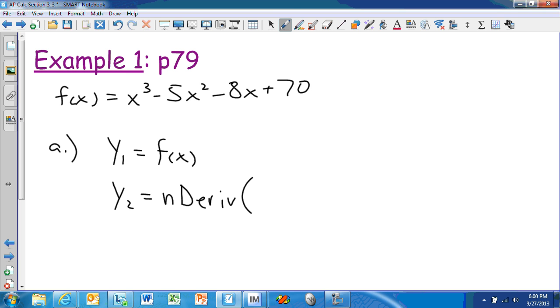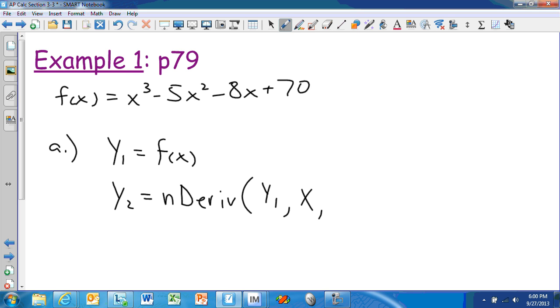All right. And it's the nderiv command. I want to find the numerical derivative of f of x, which was actually put into y1. So I'll specify that y1 is my function there. And then my variable, of course, that it's defined on. It's a function of x, so the variable is x. Now, for the value, I want to actually find the derivative at every single value. For every single point that I plot, I want it to calculate the corresponding derivative there.